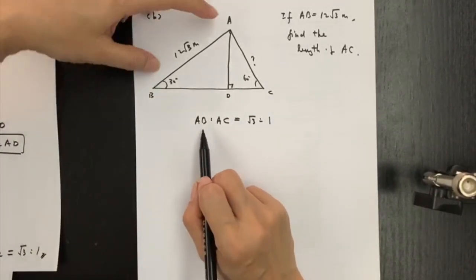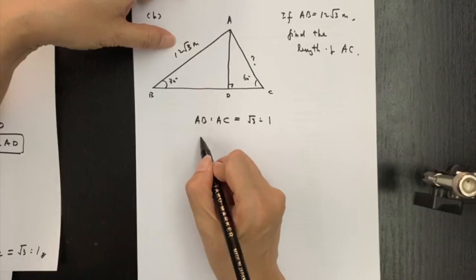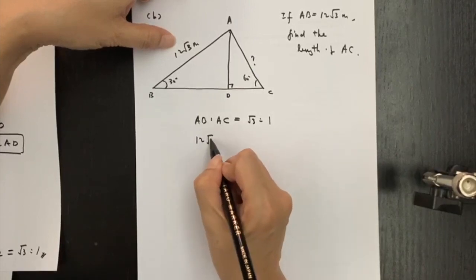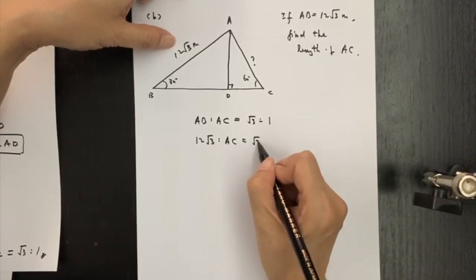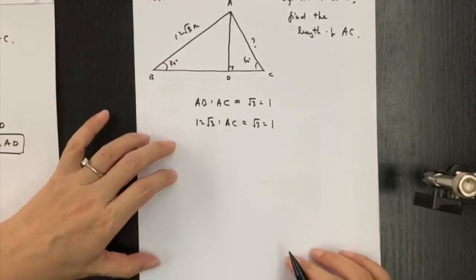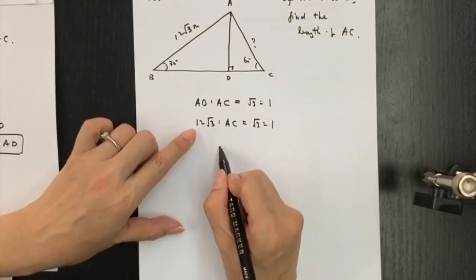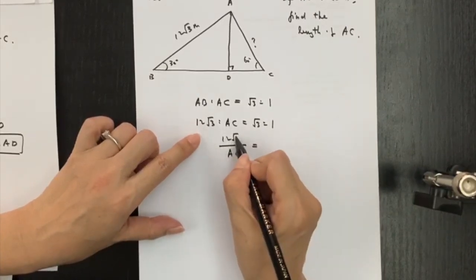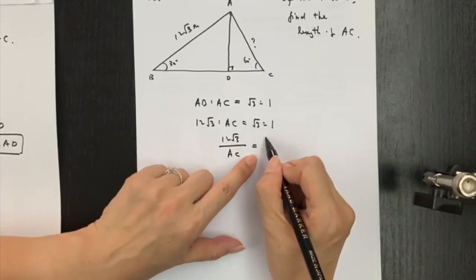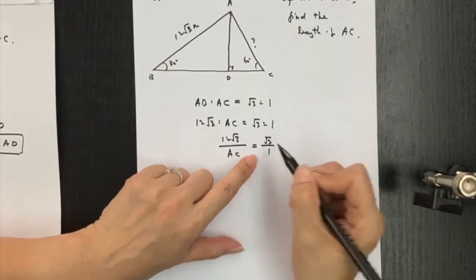What do we know already? We know AB, so I just substitute. AB is 12 root 3 to AC, which we don't know, is root 3 to 1. Remember, a ratio is exactly the same as a fraction. So 12 root 3 over AC is equal to root 3 over 1.